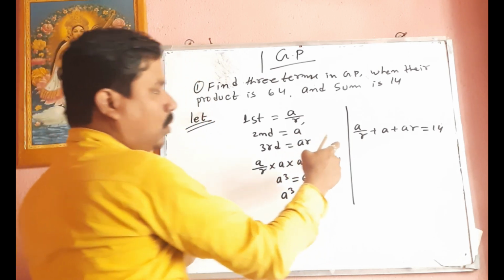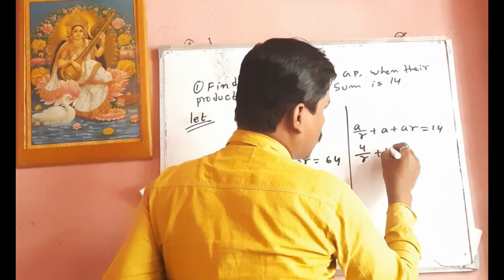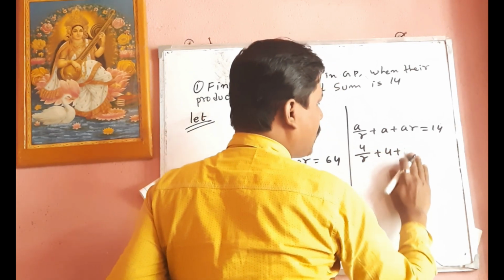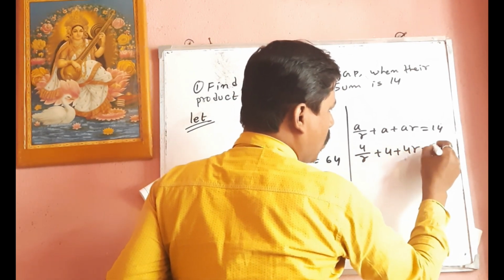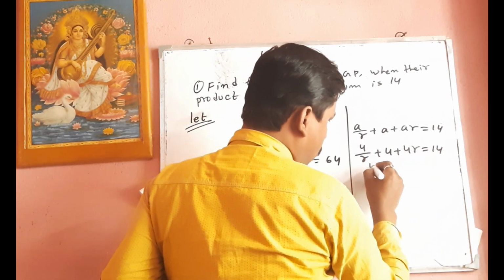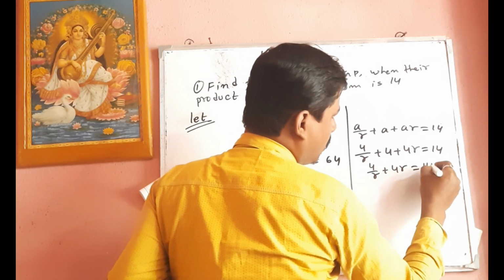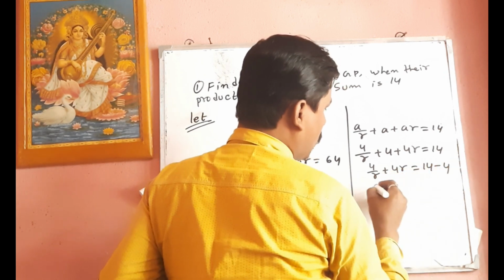Now putting this value here, we get 4 by r plus 4 plus 4r is equal to 14. Now 4 by r plus 4r is equal to 14 minus 4.